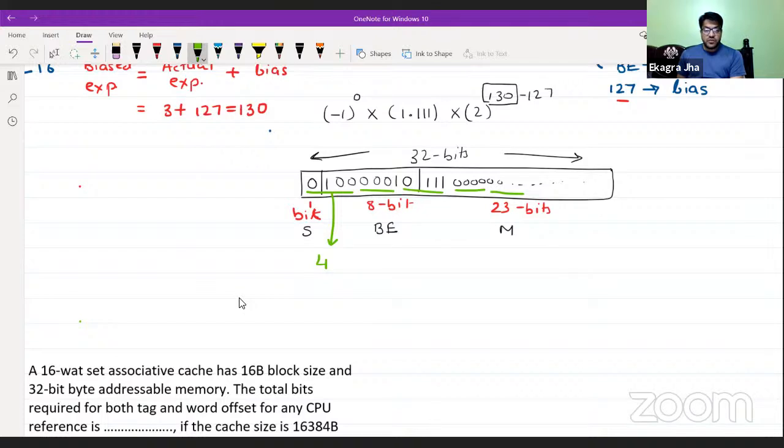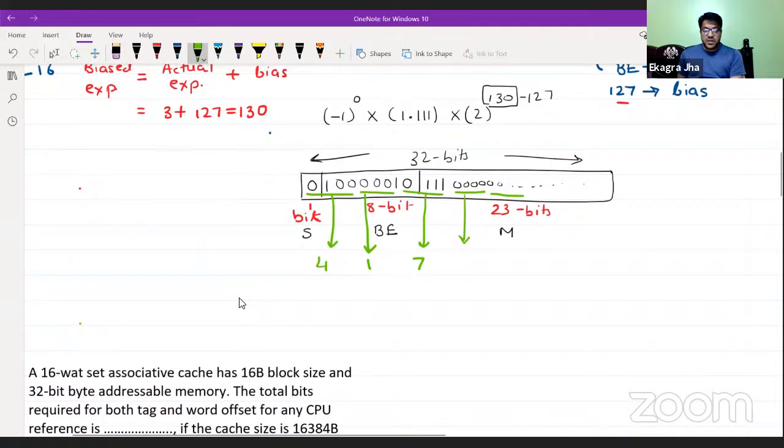The next 4 bits, 0001, is the binary of 1. Another 0111 is the binary of value 7.